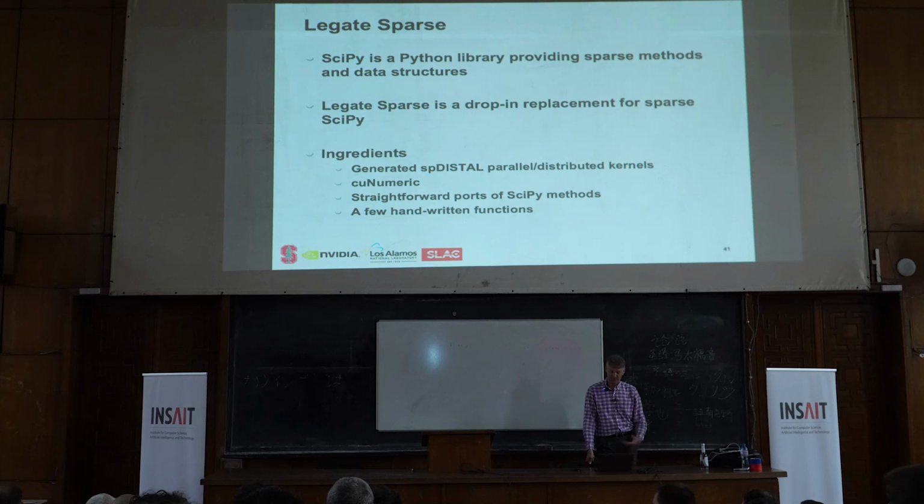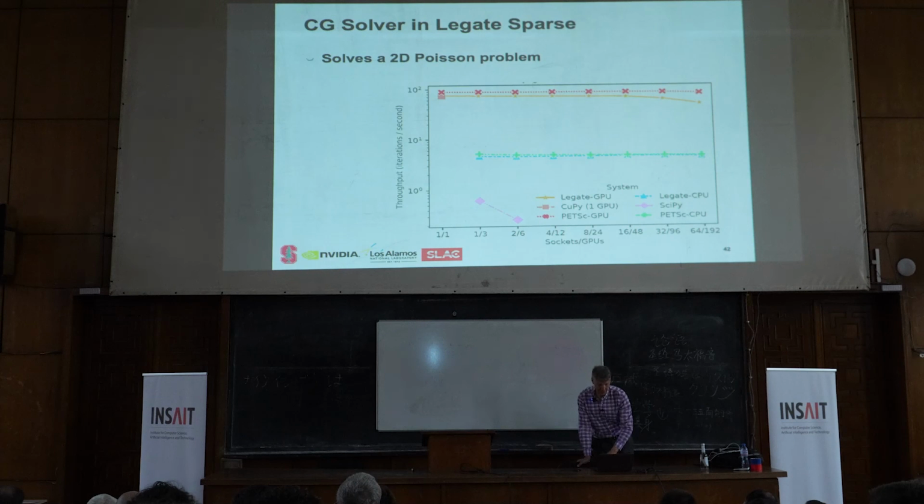So this is a drop-in replacement for the sparse part of SciPy. And we used SPDistal to generate the kernels for this, but then used some of the QNumeric technology to automate the Python pieces. And so here, this is a conjugate gradient solver in Legate Sparse solving a 2D Poisson problem.